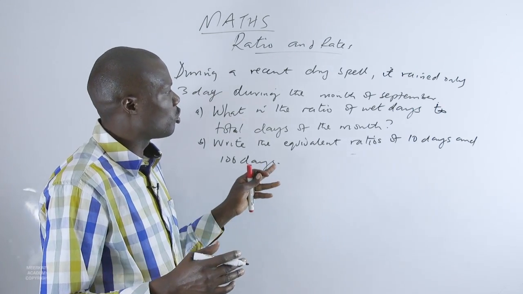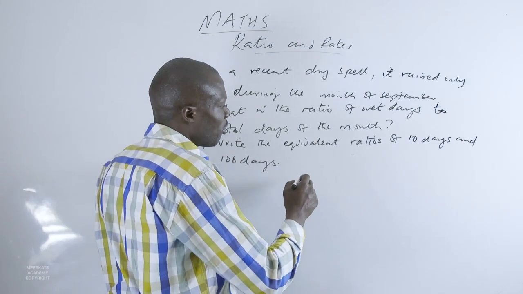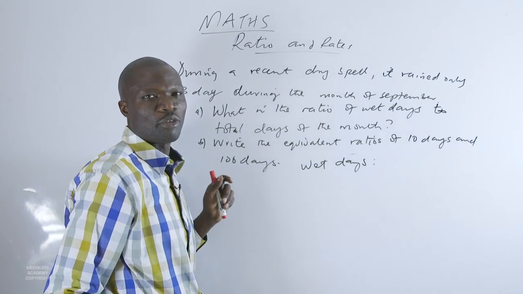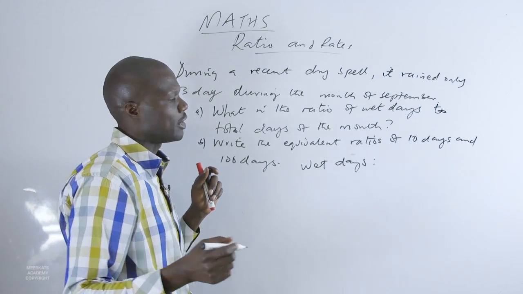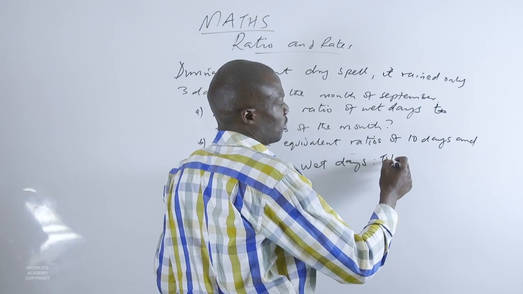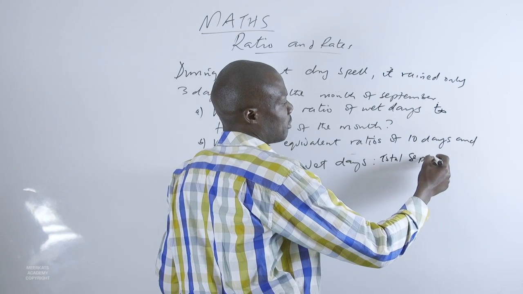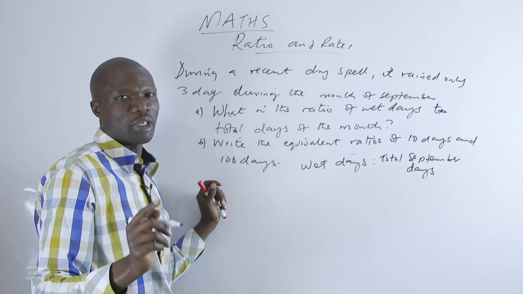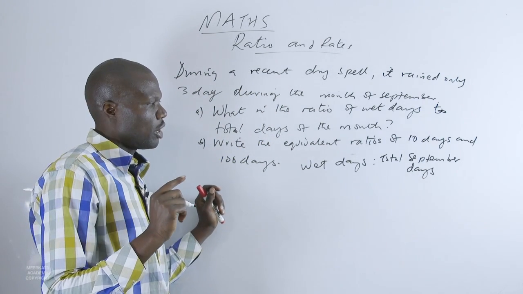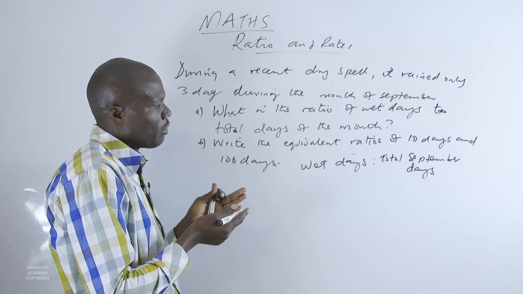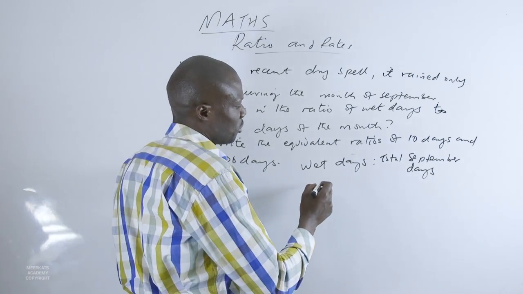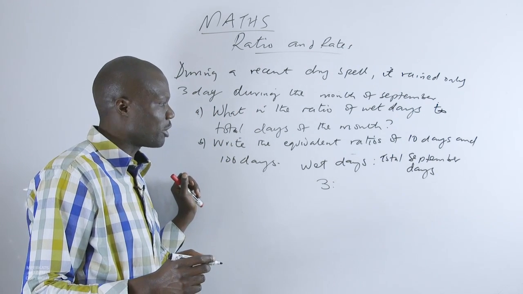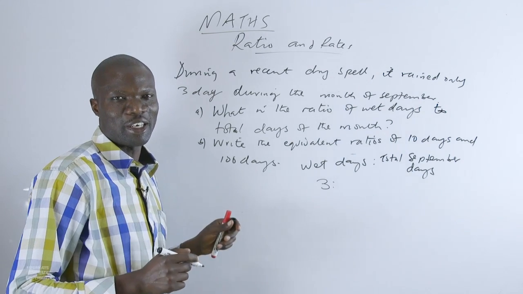Because for us to work out the ratio of wet days to total September days, we need to know the totals. Here, the number of wet days we've been given that month was 3. The total days of the month, I've asked you to tell me how many days September has.